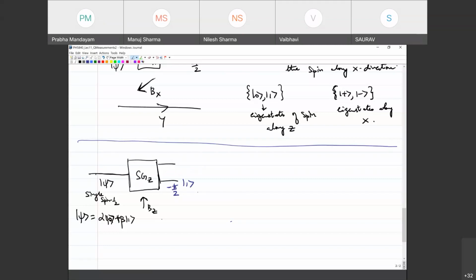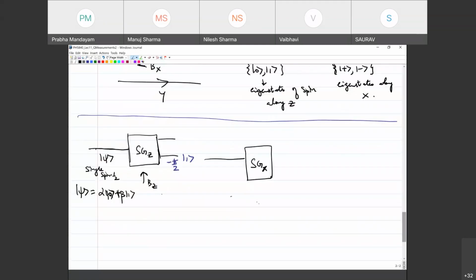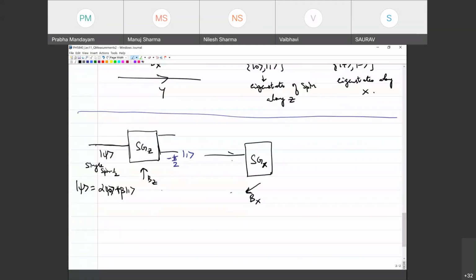Now I want to follow this up with a setup that does Stern-Gerlach along X. Which means there's an inhomogeneous magnetic field along X, and I want to now ask what is the spin value along the X direction. So what will happen? What is being input is the state ket 1 now, because this is the post-measurement state.